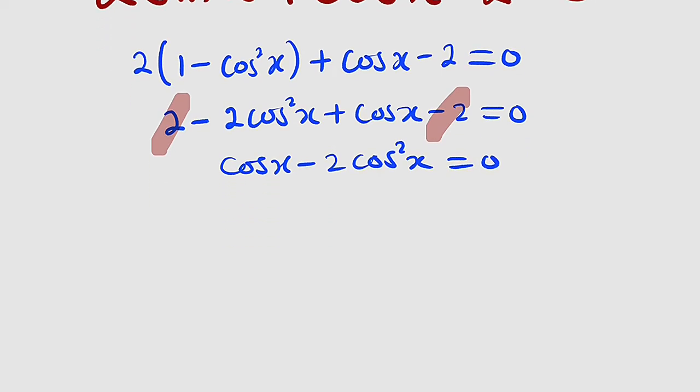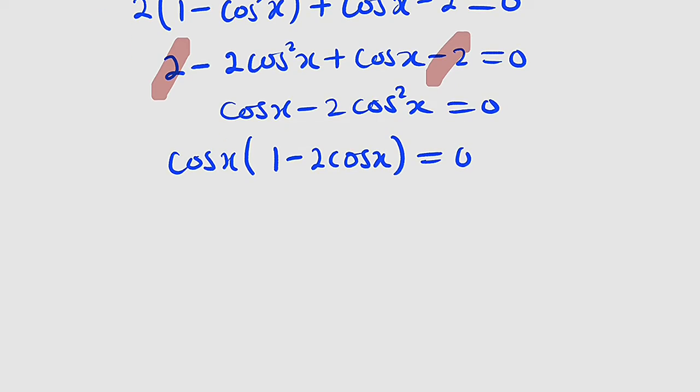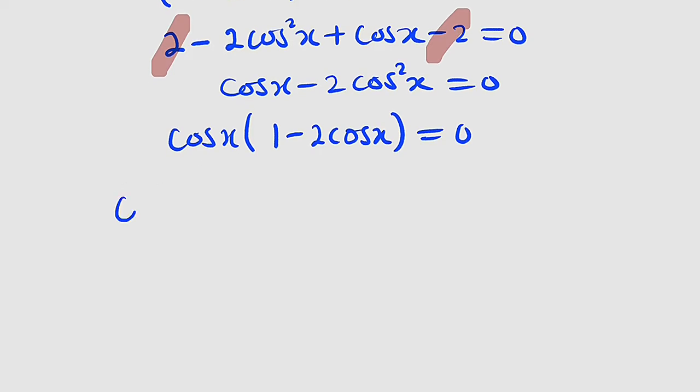But the left hand side can be factorized because we have cosine x in common. So we have cosine x outside, and inside we have 1 minus 2 cosine x, and the whole of this equal to 0. Now that we have two factors multiplying each other and the result is 0, it implies either cosine x equal to 0 or 1 minus 2 cosine x equal to 0.